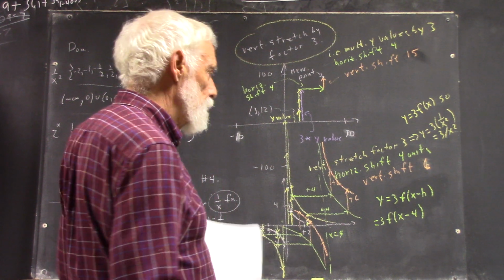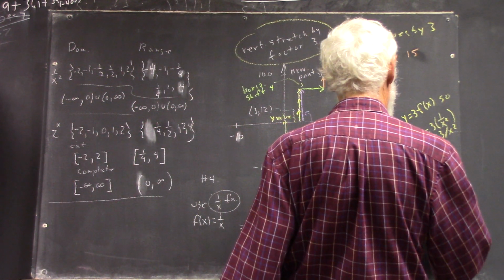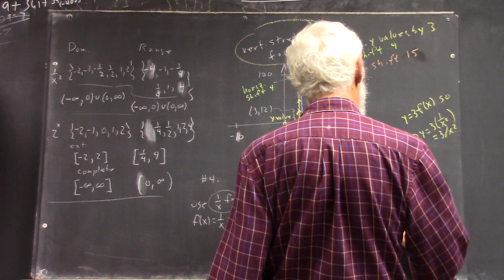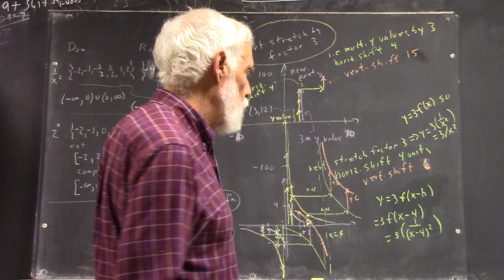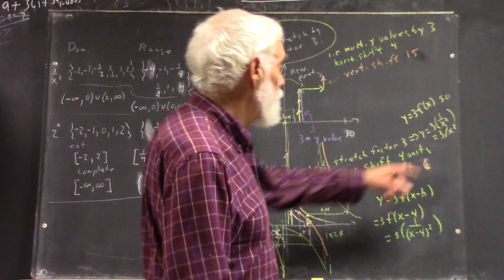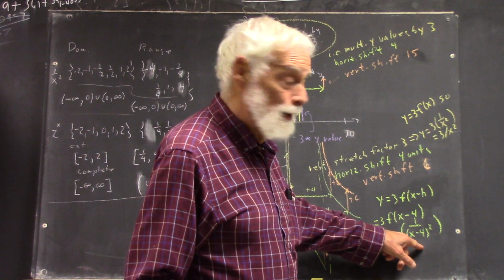And your horizontal shift is 4, so it's 3f of x minus 4, which equals 3 times 1 over x minus 4 squared. Okay? So you're replacing the x you have up here by x minus 4. Okay? And you remember it that way.